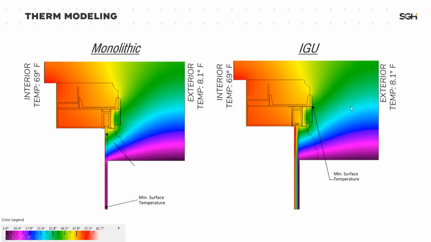With the insulating glass unit, our lowest surface temp actually occurs back here. There's a little void inside the assembly here. But when we look at our insulating glass unit, we see that the inboard surface is all in this red to orange range. So those temperatures look to be about 50 degrees Fahrenheit.